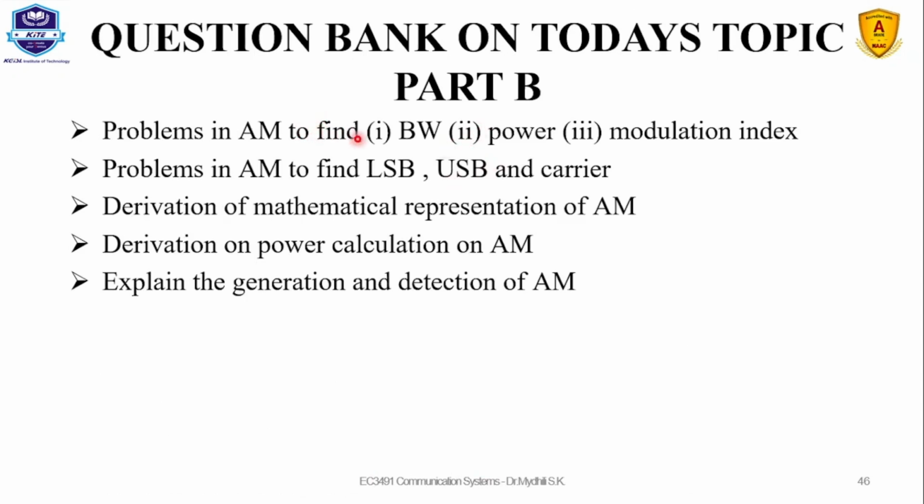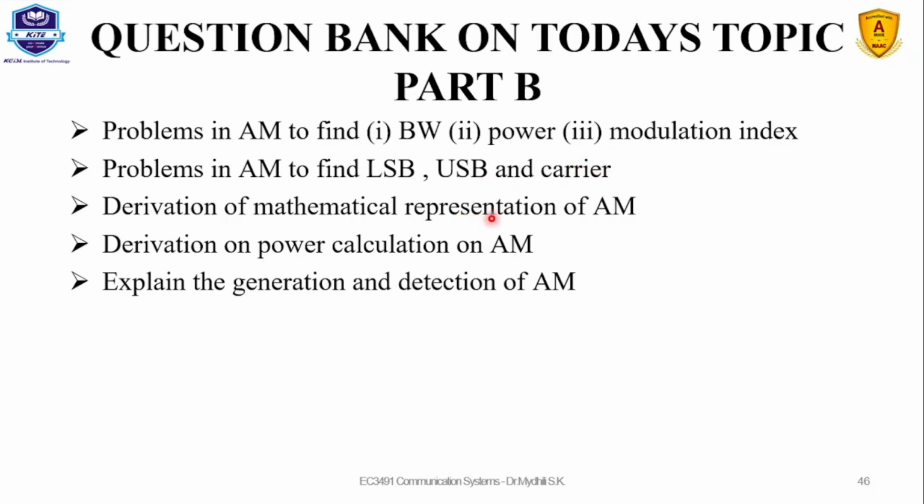Problems in AM to find the bandwidth, power and modulation index can be asked, and problems in AM to find the lower sideband, upper sideband and carrier given the voltage level. VM and VC will be given, so it will be easier to calculate the same.